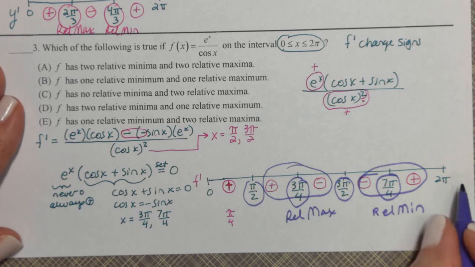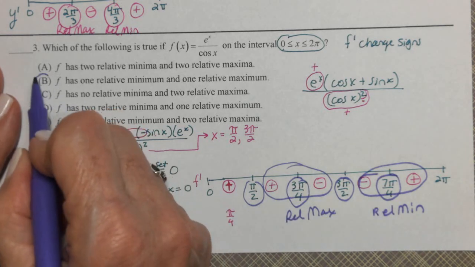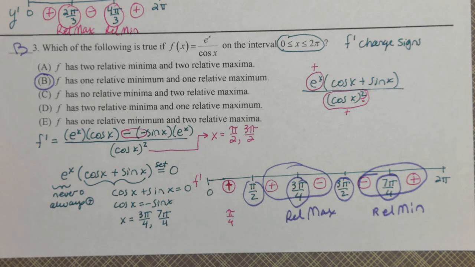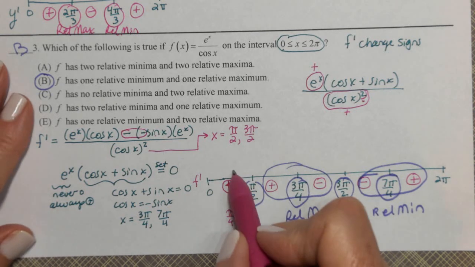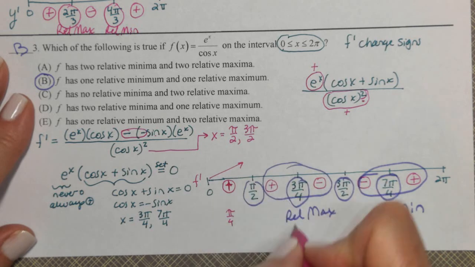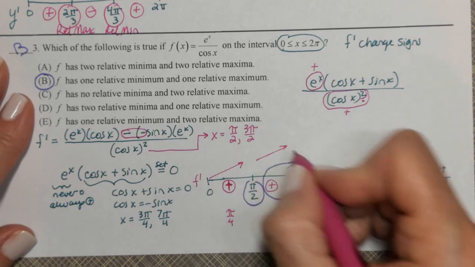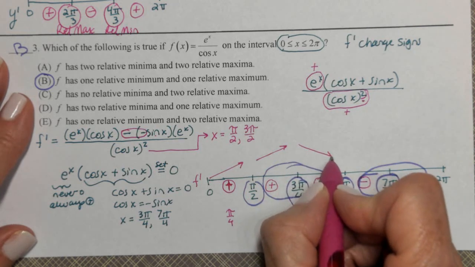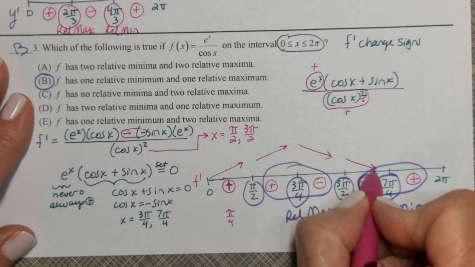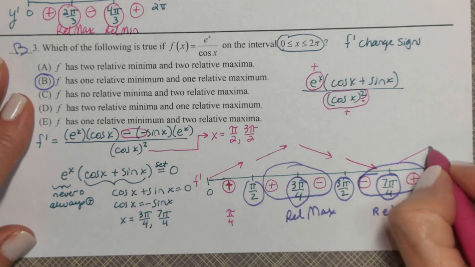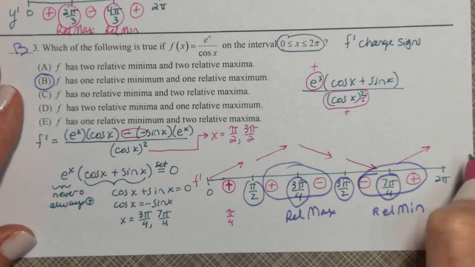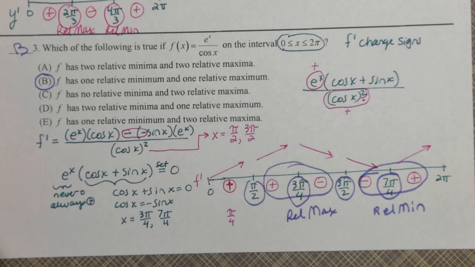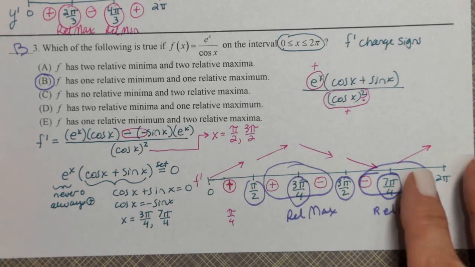One of each. Okay? Just to reiterate, the function is increasing here, and then it continues to increase here. It's decreasing here and continues to decrease here, and then it increases. Okay? All right. And that is relative extrema.